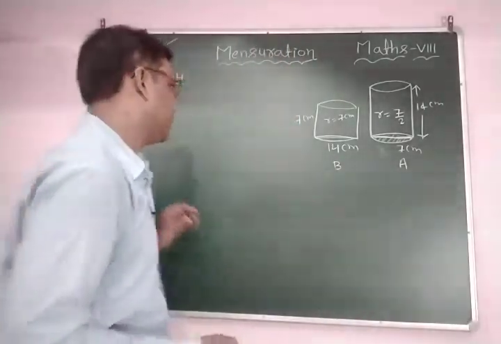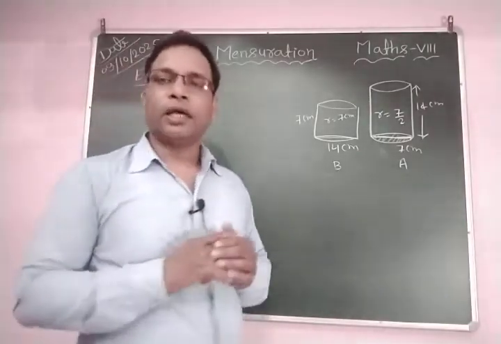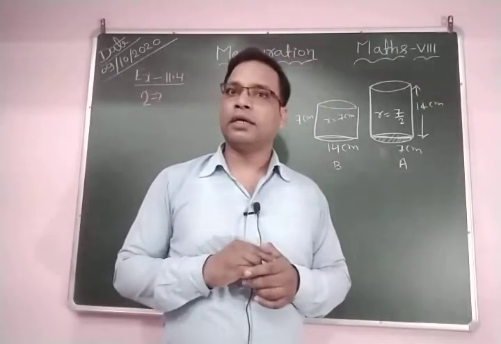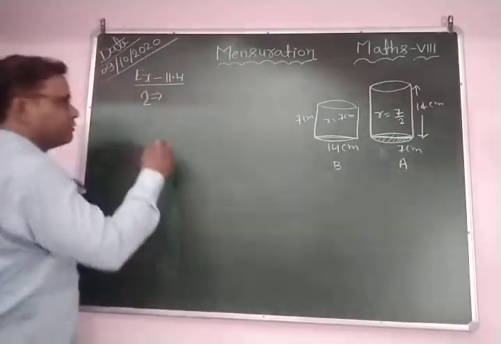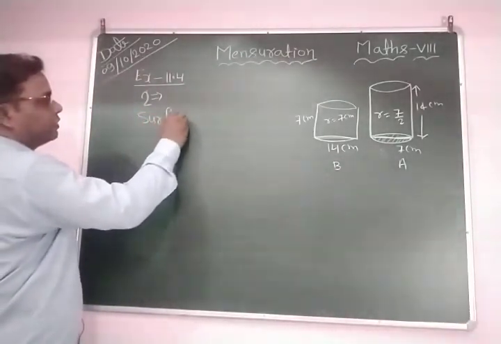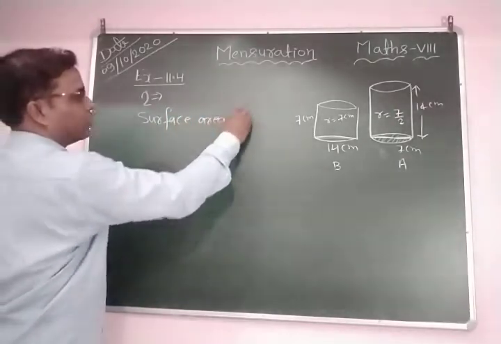Okay, so first you write TSA or surface area, both are the same. Total surface area or only surface area, both are the same for cylinders, and curved surface area is different. So here you write surface area of cylinder.